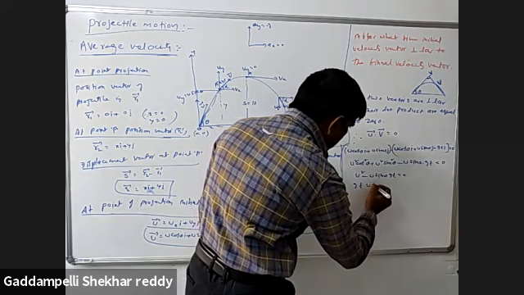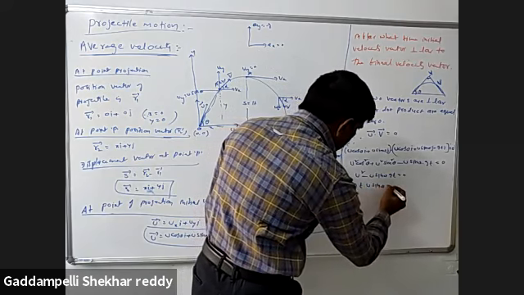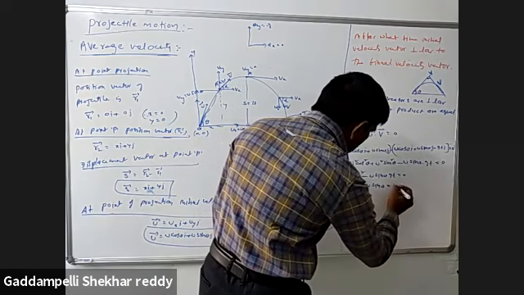So g t u sin theta is equal to u square.